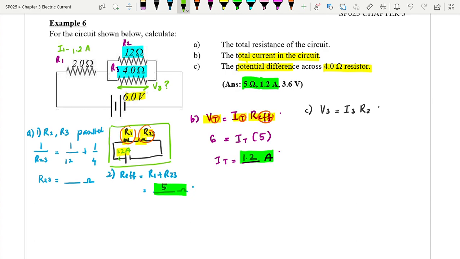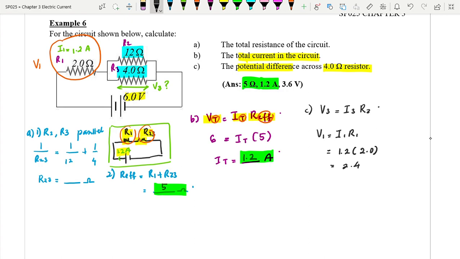That is I1. Okay. So, maksudnya apa yang kita boleh cari daripada nilai dekat sini adalah actually voltage 1. Okay, so boleh cari dengan voltage 1 terlebih dahulu. Apa pula function kita dapatkan voltage 1? Okay, nanti kita figure out. So, I1 is 1.2, R1 is 2.0. So, kita akan dapat 2.4.